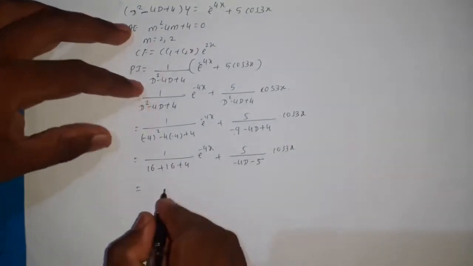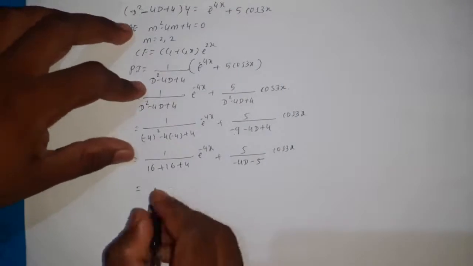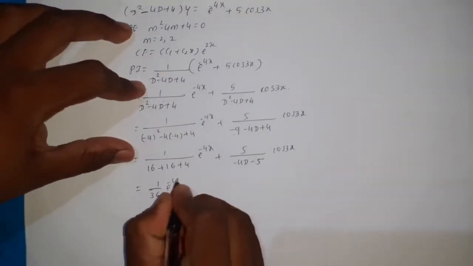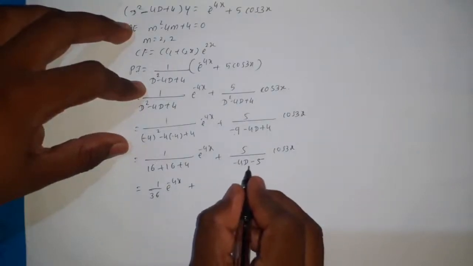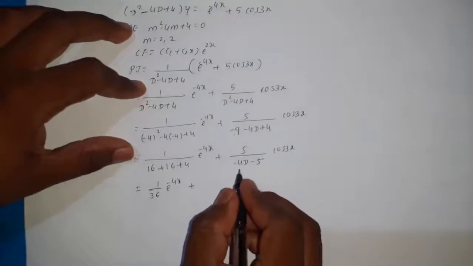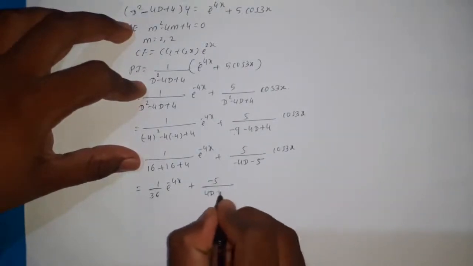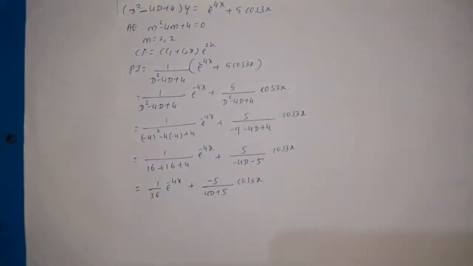So here the sum of these three, that is 16 plus 4 is 36, that is 1 divided by 36 e power minus 4x plus, here we can take that minus 1 common from the denominator, that becomes minus 5 divided by 4D plus 5 cos 3x.